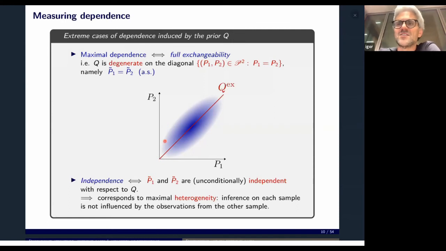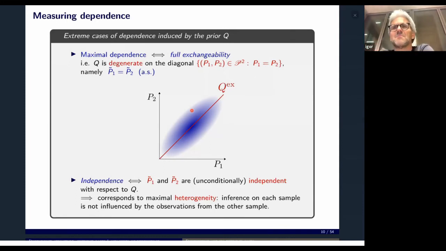The realizations of the Q will be around that diagonal. So that diagonal is your polar star, your reference point. That's the maximal dependence, the degeneration to exchangeability, when you can just put all the data in a single pot, and that's your reference.